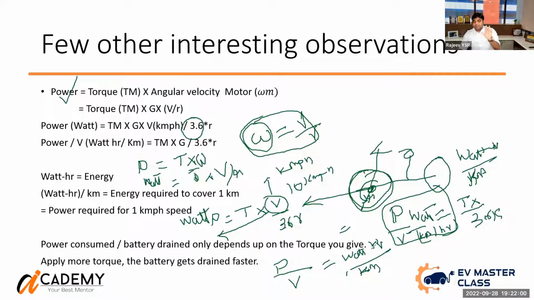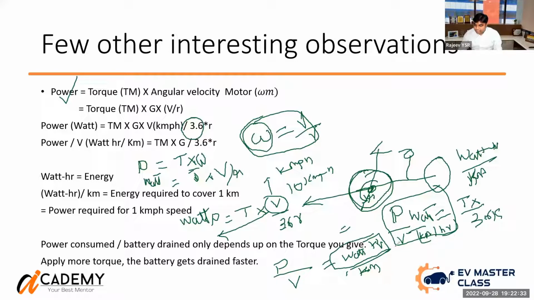Are you here with me until this particular step? Now, this watt hour per kilometer is nothing but, watt hour is what? Watt into hour. What I told you, watt hour is the power into time. What is watt hour? Energy, correct.